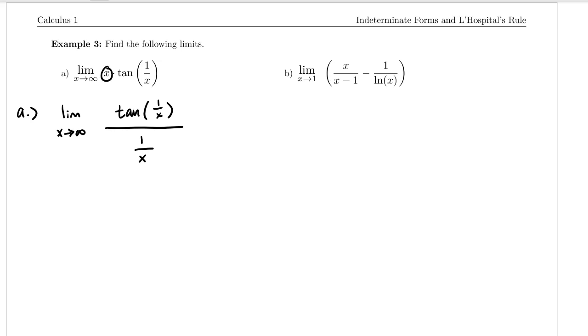In other words, I took the reciprocal of it. And notice that if you take the reciprocal of 1 over x and multiply it by tangent of 1 over x, that will return our original function. So now if I were to use direct substitution, I would get the indeterminate form 0 over 0. And now I can apply L'Hopital's rule like we've been doing.